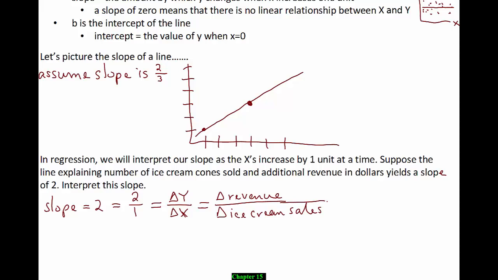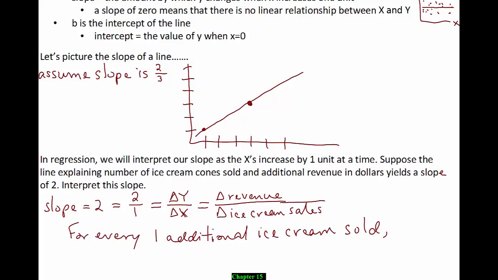For every 1 additional ice cream sold, my y is positive, so it increases by 2. And what is my y? Revenue. Revenue increases by $2. And that's how we're going to think about the slope.